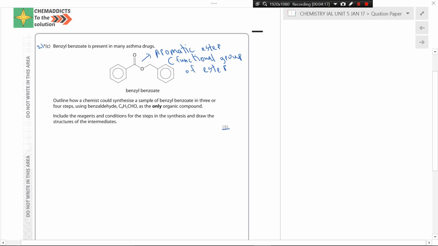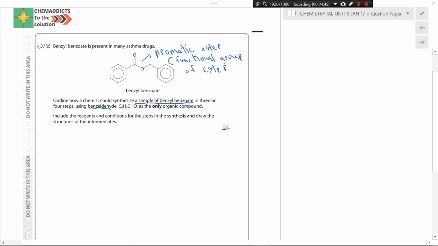Okay, so now let us discuss the question first. Let us once again read the question. Benzyl benzoate is present in asthma drugs. This is the structure of benzyl benzoate. Outline how a chemist could synthesize a sample of benzyl benzoate in 3 or 4 steps using benzaldehyde as the only organic compound.